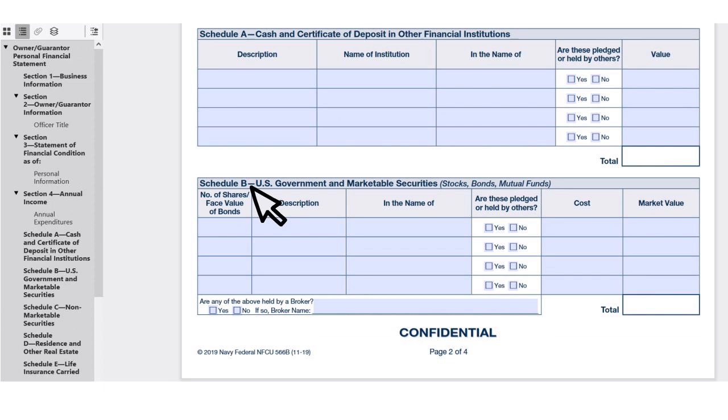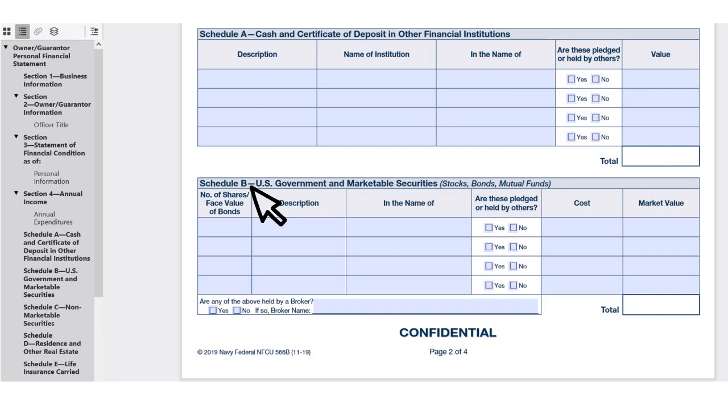And Schedule C here, we have non-marketable securities. Non-marketable securities constitute assets that are very hard to sell, and sometimes people call those types of securities illiquid. In other words, you can still sell them, but this will take you a while.